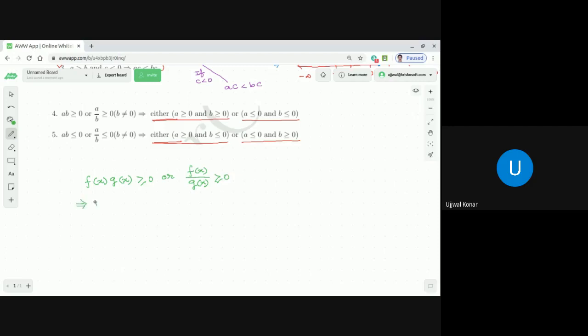Then you can conclude either both are greater than equal to 0. Either f(x) is greater than equal to 0, and that is why the statement 'and' is there, and g(x) is greater than equal to 0. Or f(x) is less than equal to 0 and g(x) is less than equal to 0.